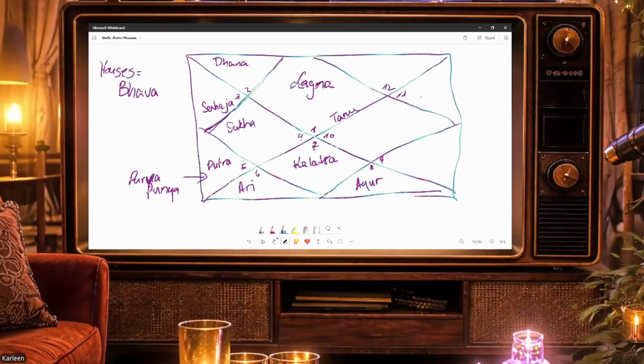Supposedly, the Ayurveda is calculated from this house, but I think you really need to know what you're doing there. But it's the house of death, transformation, hidden things, inheritance, occult, chronic illnesses, sudden events. So very similar to the Western eighth house in that sense. But they call it Ayur.